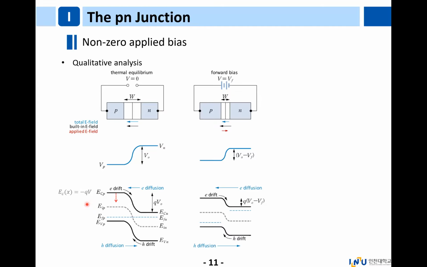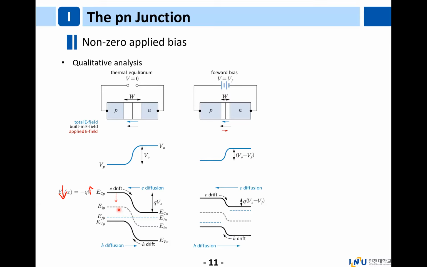So applying a positive voltage results in a decrease in potential energy, which means causing the band to shift downward. If you think about this slowly, it should become understandable.